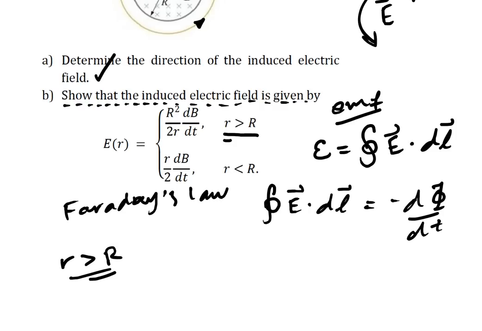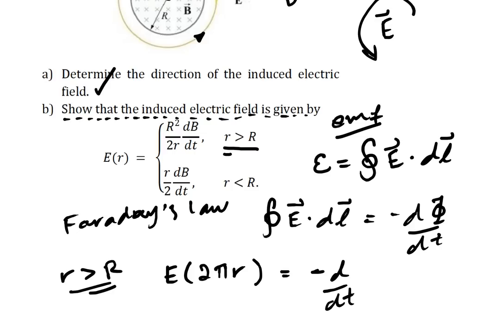The left-hand side of the equation becomes just E times 2 pi r, equals minus d by dt of the magnetic flux, which is pi R squared times the magnetic field.